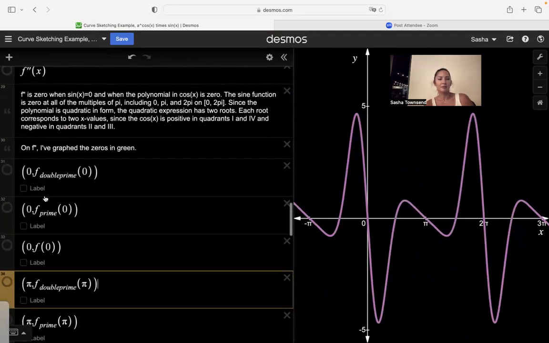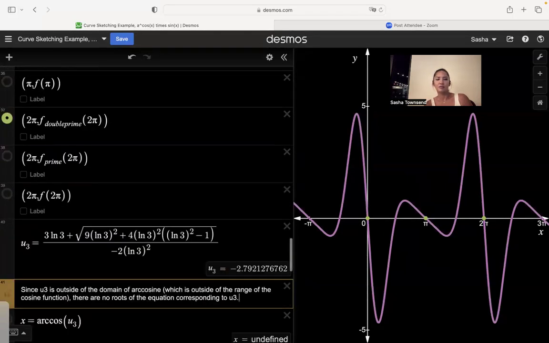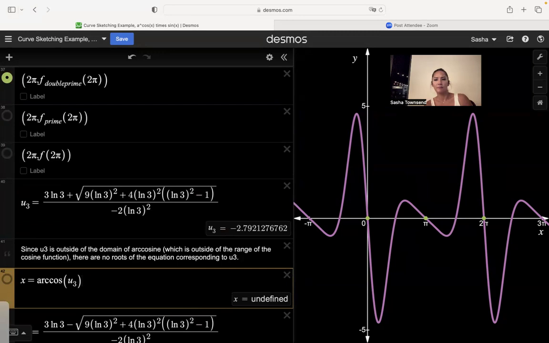So we said f double prime is 0 at 0 and pi and 2 pi. And then we also said that f double prime is 0 when that quadratic form is 0.